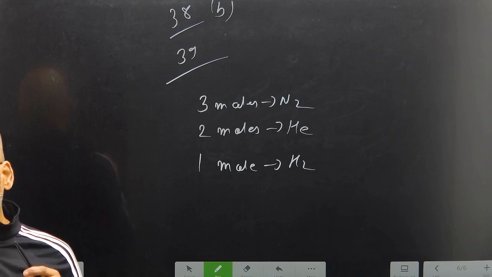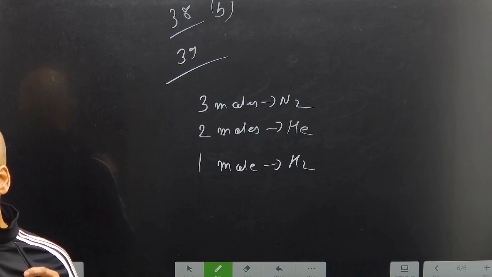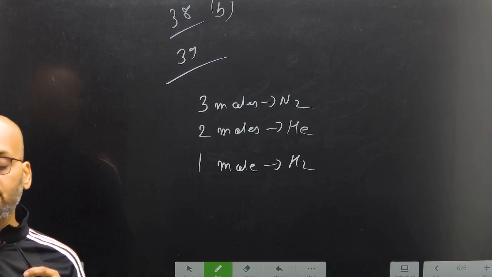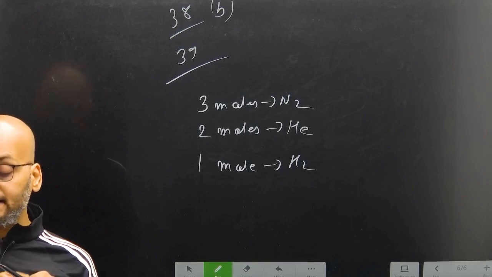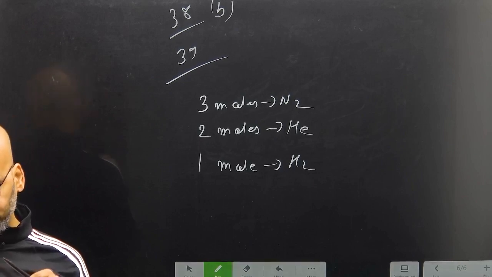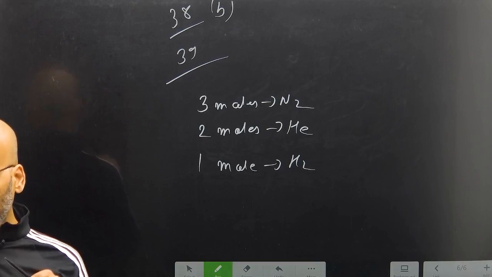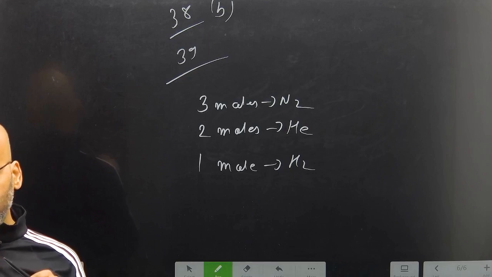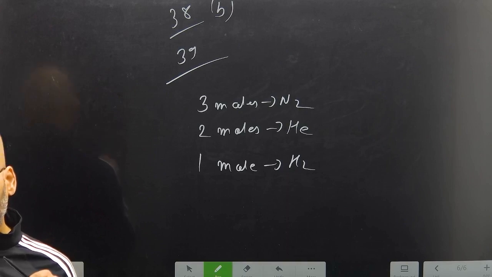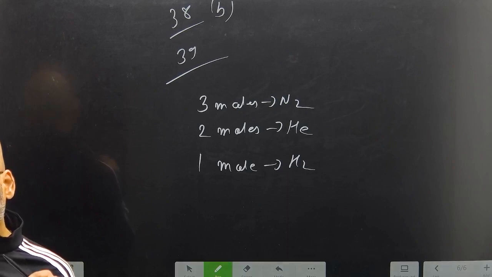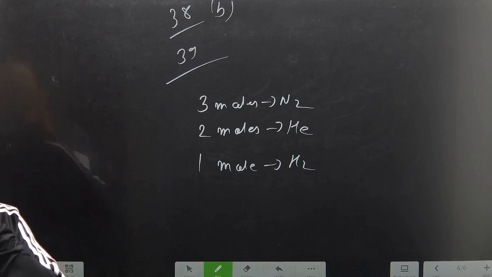Degree of freedom for monoatomic, diatomic and triatomic; here 2 diatomic are there and 1 monoatomic is there. Pay attention. For monoatomic we know the degree of freedom, neglecting the vibrational, is 3. Getting my point? Yes or no? For 1 mole it is 3. So just applying and adding.